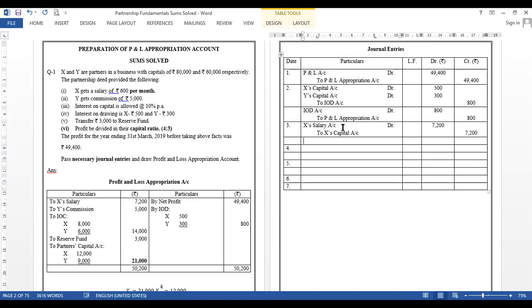Okay. Salary के लिए closing entry. Sir, P&L appropriation account debit to excess salary. That's very correct. Profit and loss appropriation account debit to excess salary account. ठीक है. 7,200. Okay, fine.